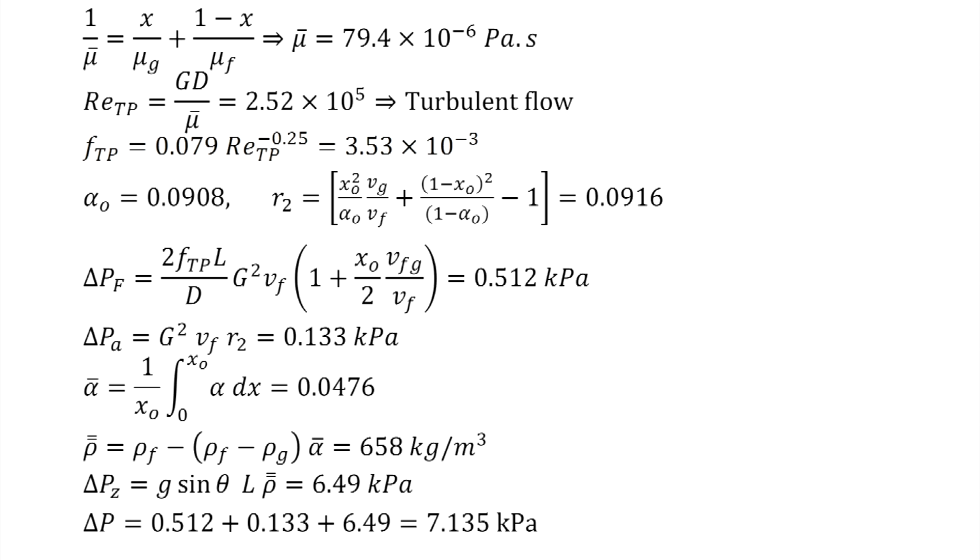Then after substituting the values we get delta P_F equal to 0.512 kilopascal, delta P_A is equal to 0.133 kilopascal, and alpha bar is the average alpha and that is equal to 0.0476, and this we have taken as the void fraction corresponding to the average quality.